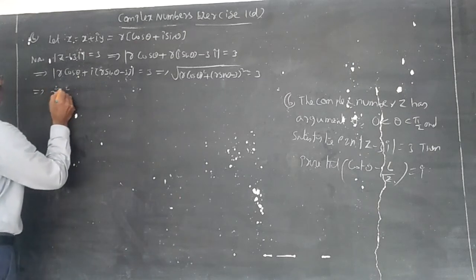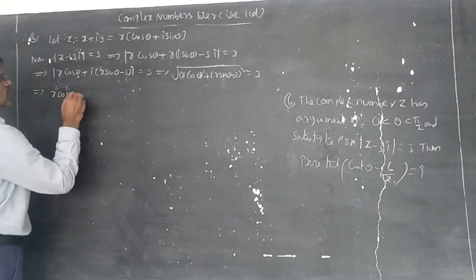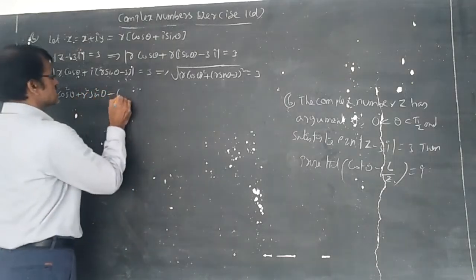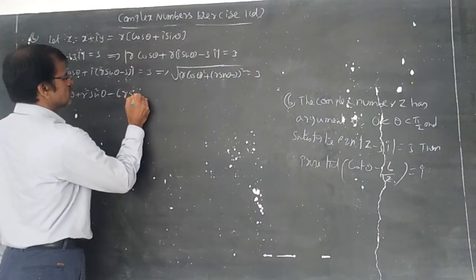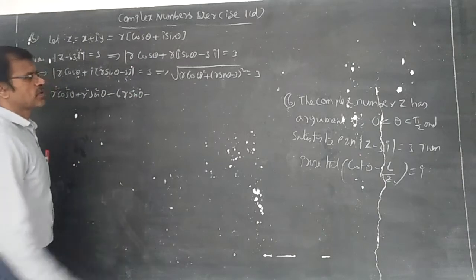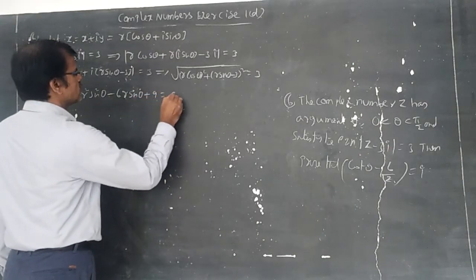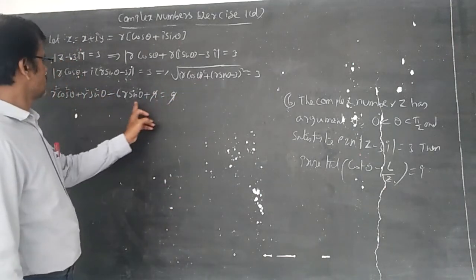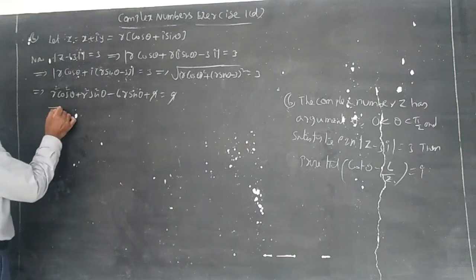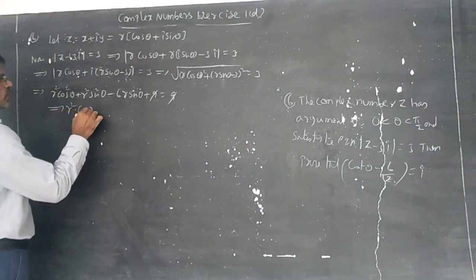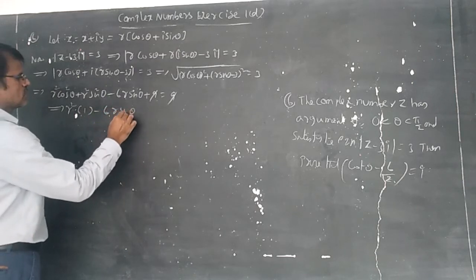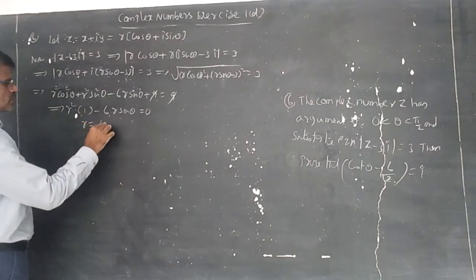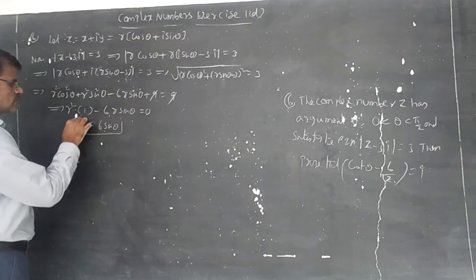So it is r square cos square theta plus r square sin square theta minus 6r sin theta plus 9 is equal to 9. 9 and 9 get cancelled. Now r square into 1 minus 6r sin theta equal to 0, divided by r square. You can write r is equal to 6 sin theta, so r sin theta is equal to 6 by r.